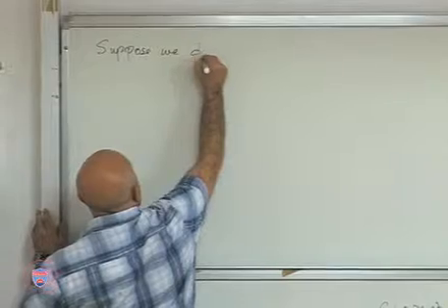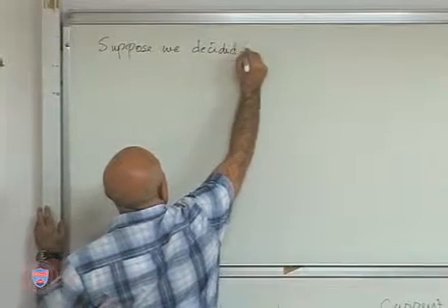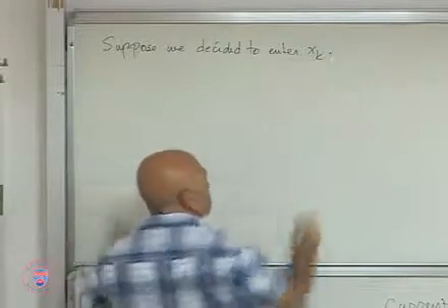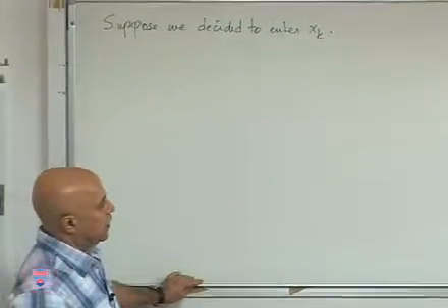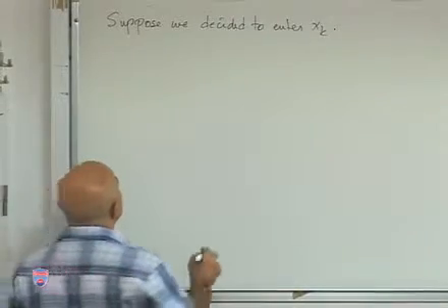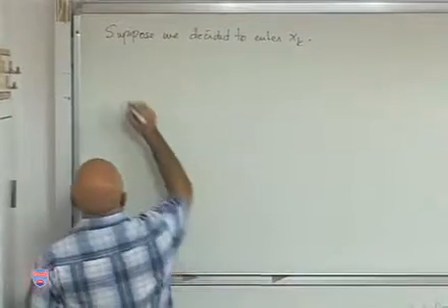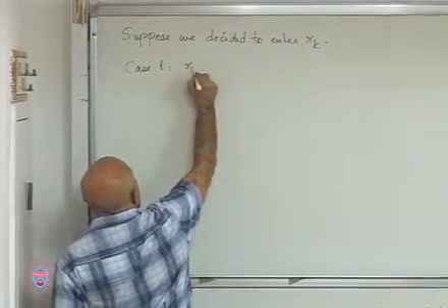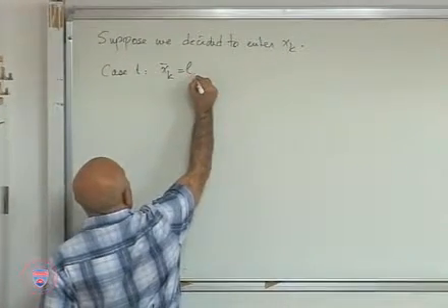So, suppose we decided to enter xk. Okay? So there are two cases here. Case 1, xk is currently at the lower bound.